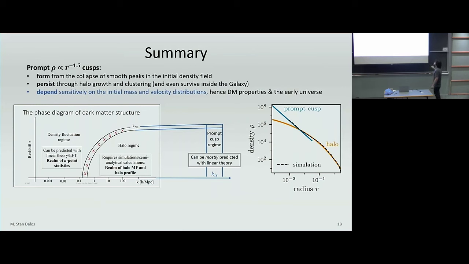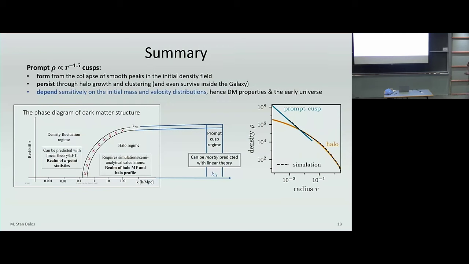So yes, I've drawn this phase diagram again, the modified phase diagram, and I claim that prompt cusps can be mostly predicted with linear theory. What I mean is that you can predict their formation really straightforwardly, but there are some complications because of interactions with the halo phase.